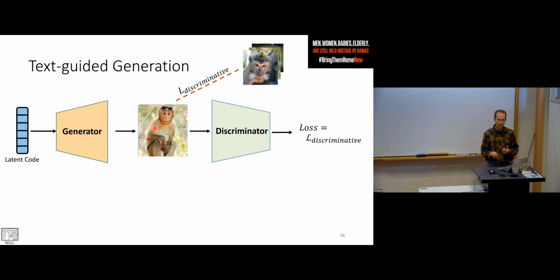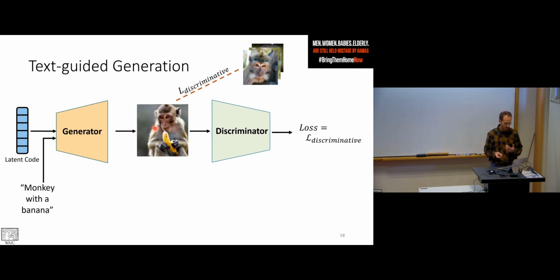Now, if we want to do conditional generation, for instance we want the generation to be a monkey with a banana, we can have an additional loss using CLIP that matches the similarity in CLIP space between image and text. So now we can have a loss between different domains. Instead of having losses only over images or only over texts, we can have a loss over these different domains. This is one way of introducing text-guided generation.